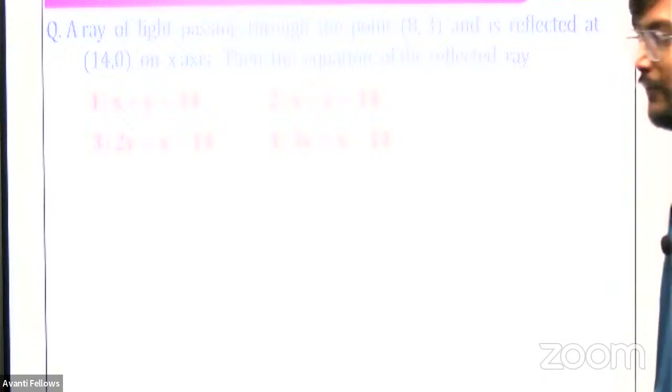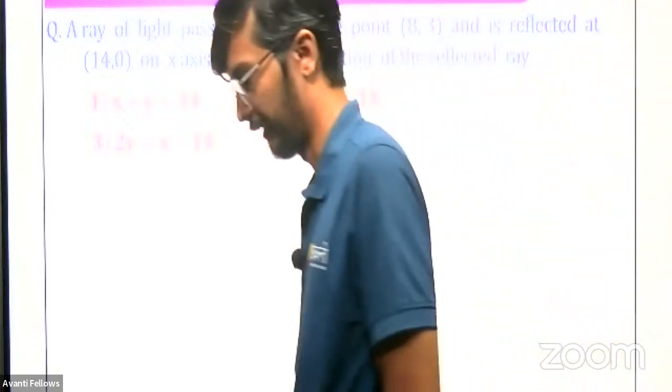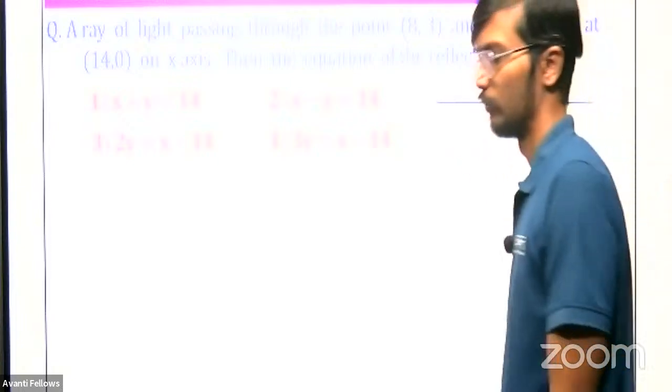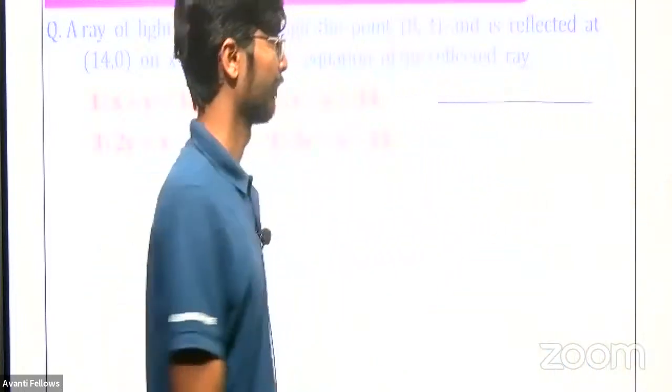Let's see the next question. Yeah, this is about the ray of light. So let us try to draw a diagram. It is also a very nice question. A ray of light passing through the point. Let me draw the diagram here. Let's say this is a reflection surface.